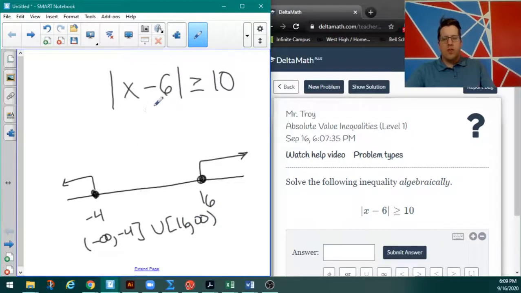Let's work this out algebraically. So we're going to split up into a plus or minus. X minus 6 is less than or equal to negative 10, and x minus 6 is greater than or equal to positive 10.